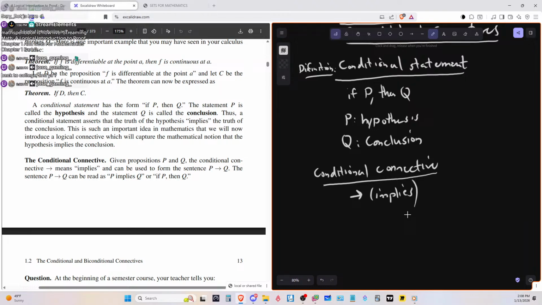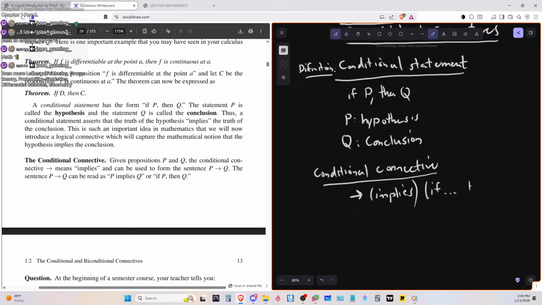Implies. I knew that already, but it doesn't hurt to write it down. It can be used for implies, or if dot dot dot, then dot dot dot. So we do it like that: if P, then Q.